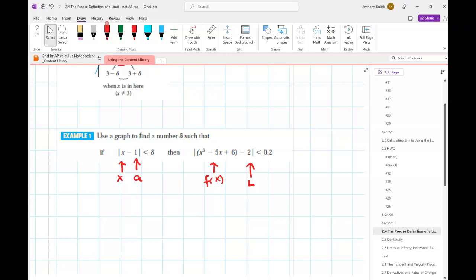So just trying to connect what we have to the notation.